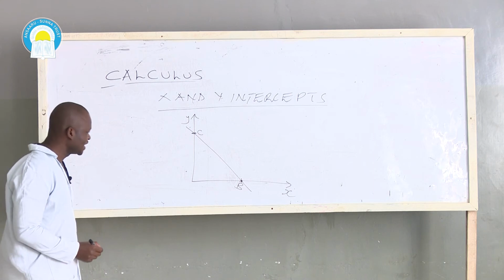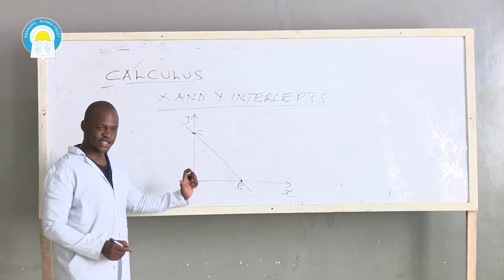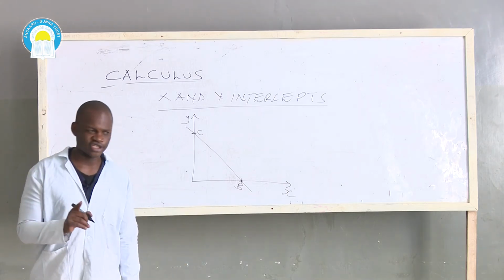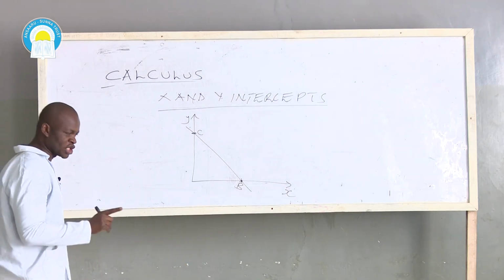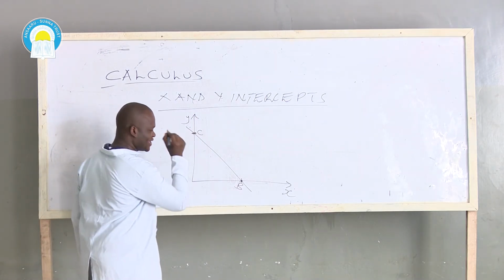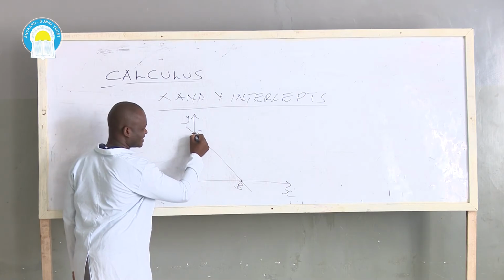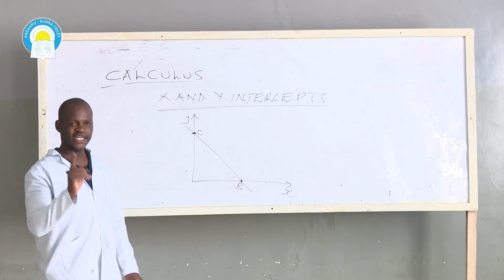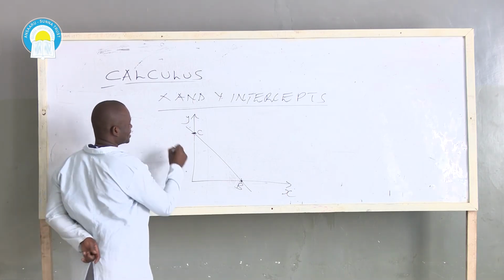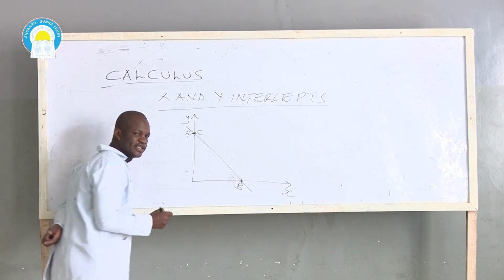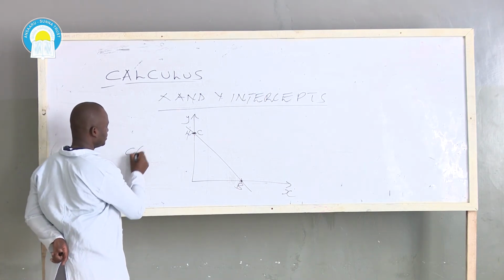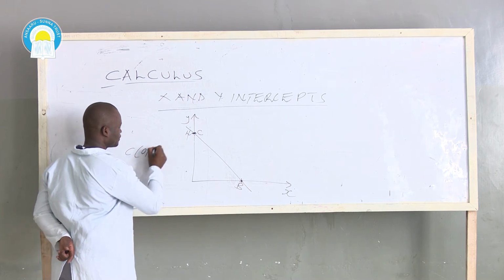If you're keen on the coordinates of points B and C, the following key point should be recalled. Where a given line cuts the y-axis, the corresponding value of x will always be 0. Let me call this, let's say, point 4. This implies the coordinate of point C will be (0, 4).